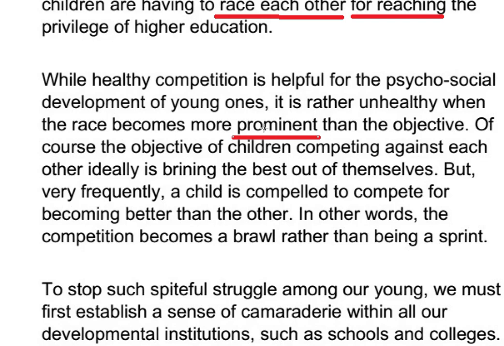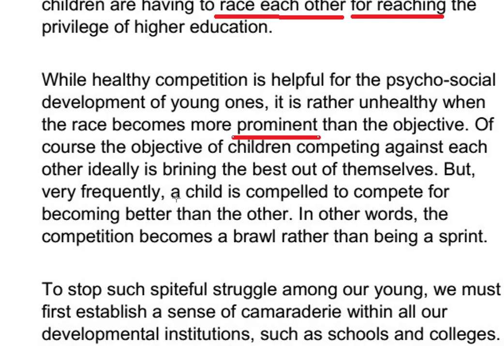I'm not entirely sure what the writer means by this. Maybe the writer is trying to say we are more focused on the race rather than the outcome. So we are giving more prominence to the journey rather than the outcome.